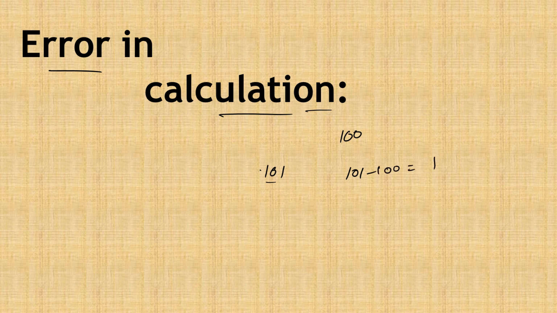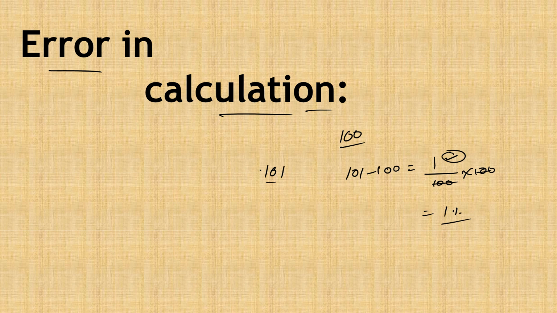One note is extra. This is the error. One note is the error, and the percentage is how much? Total notes are 100, so 1 by 100 into 100, the 100 gets cancelled. 1% is the error while counting the notes.